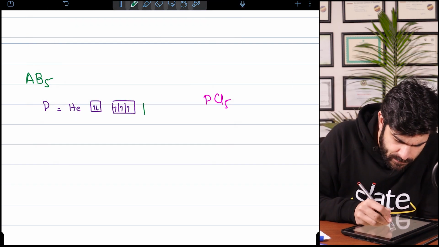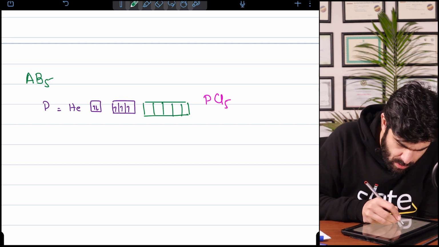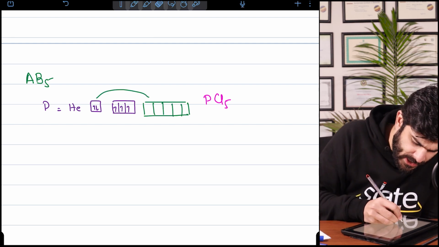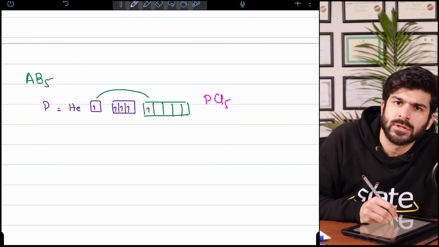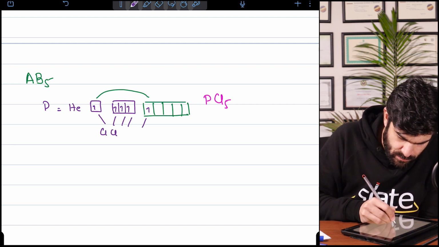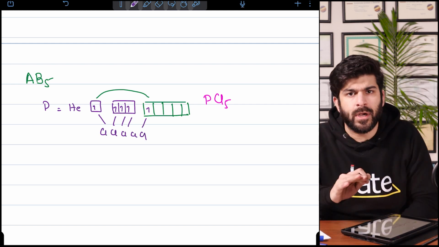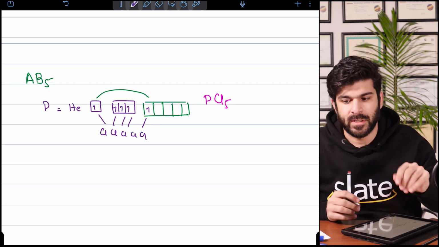What will happen? One is excited and ultimately 5 bonds. No lone pair, no further example. There's only one PCl5. That's this.